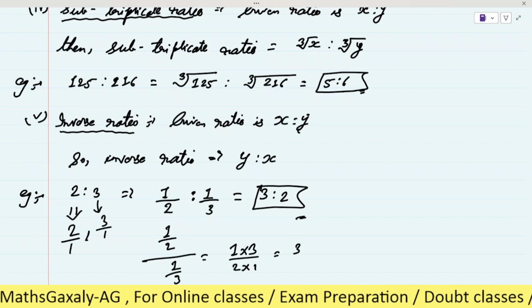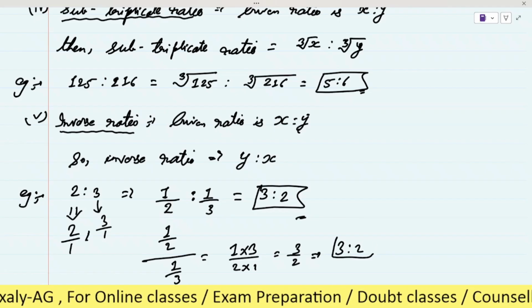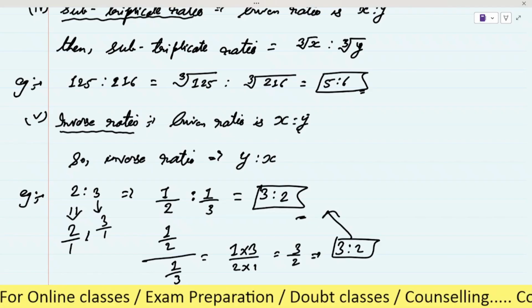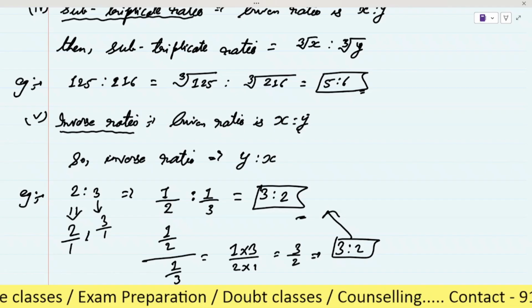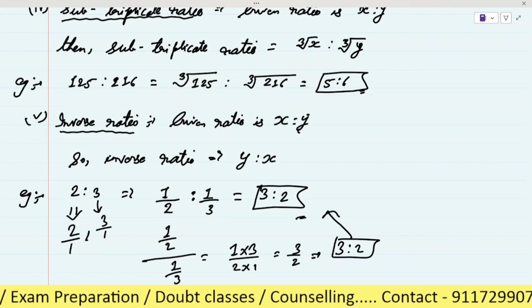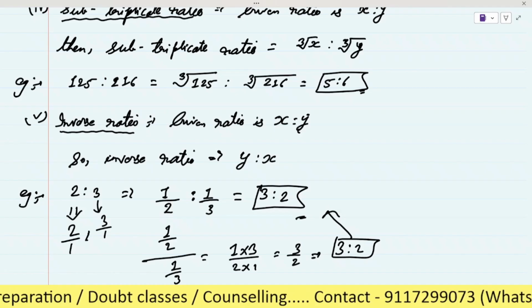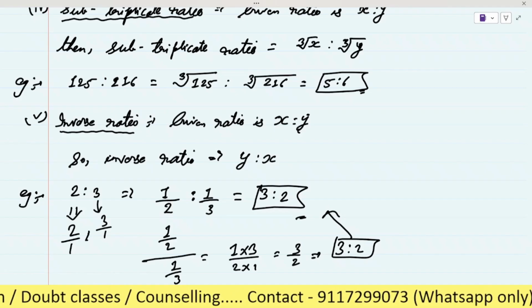So it will be 3 by 2, which means 3 is to 2. Okay, is it clear, or any doubt? Just confirm me.